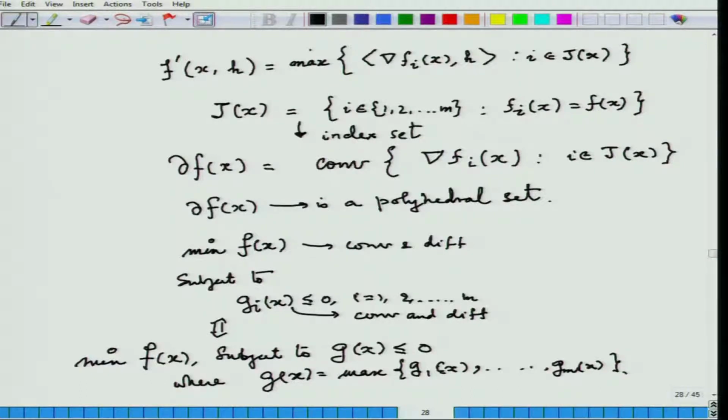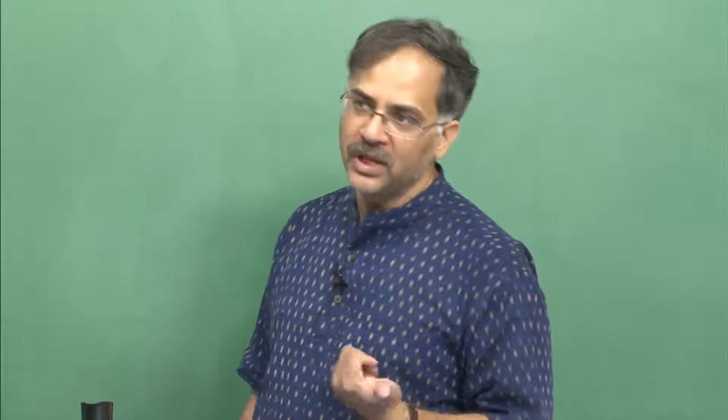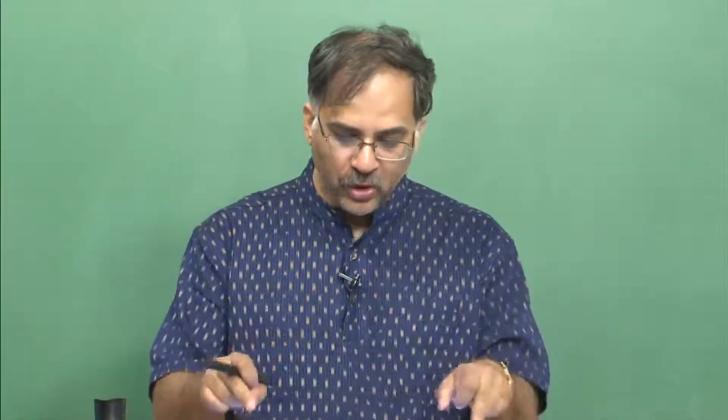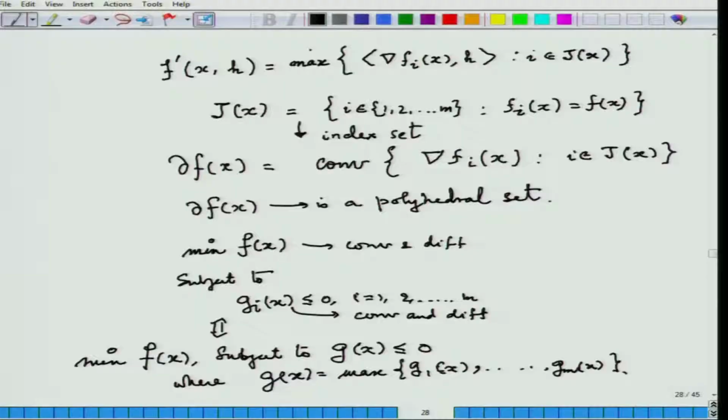So you see, any convex problem with many constraints can be written with a single constraint, but there is one lopsidedness: you lose differentiability of the constraint function. But that does not mean we have lost everything, because we already have an explicit formula for how to compute the subdifferential of this class of functions.